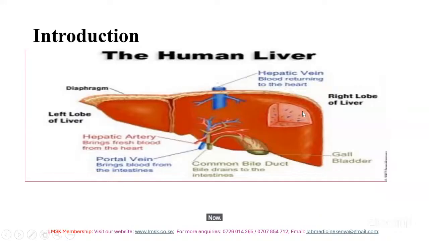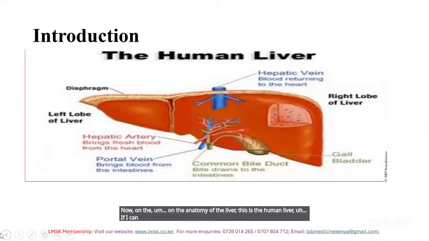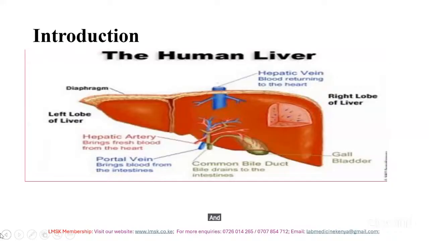Now, on the anatomy of the liver, this is the human liver. I'm looking for the pointer.